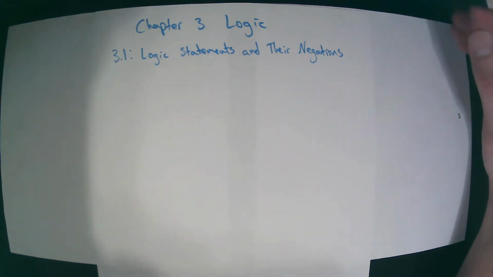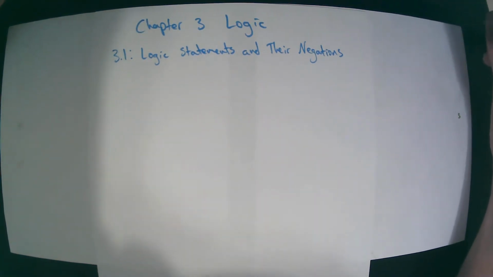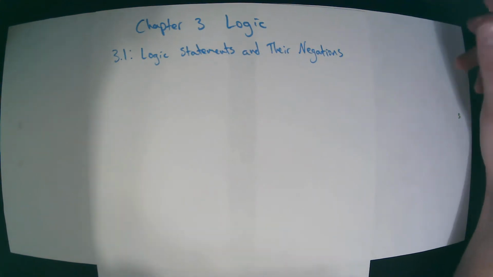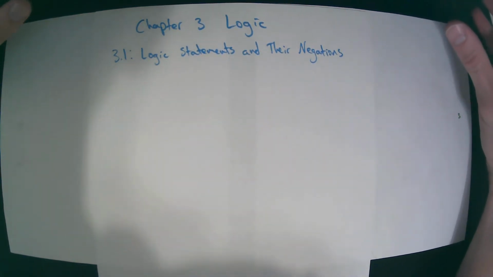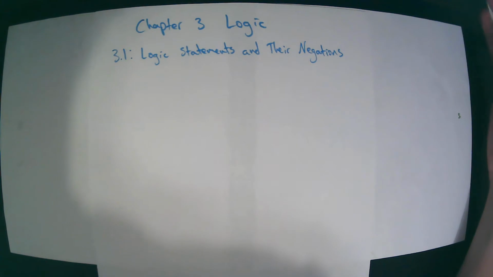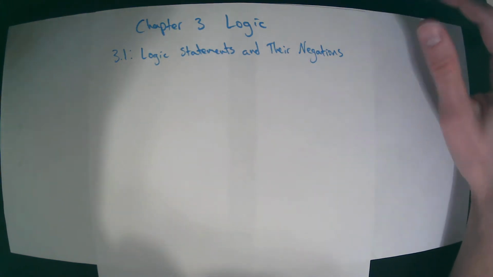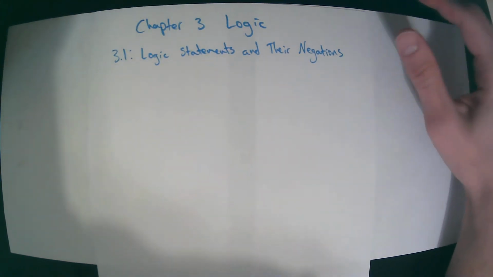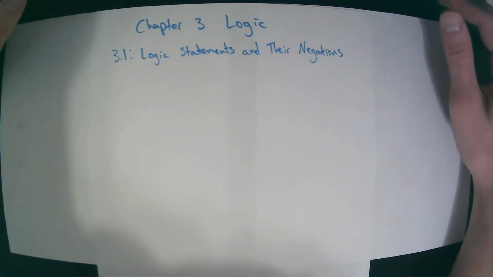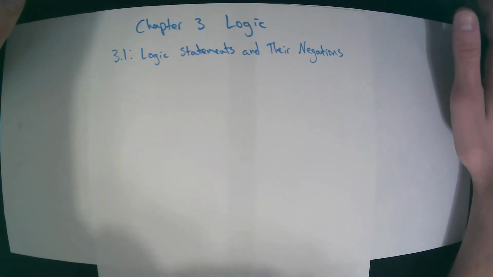And it'll sort of culminate in section 3.4 with these logic statements being put together in such a way that they could be considered as arguments. And we'll learn the difference in different types of arguments, different fallacies, false arguments, and the difference between inductive and deductive reasoning.